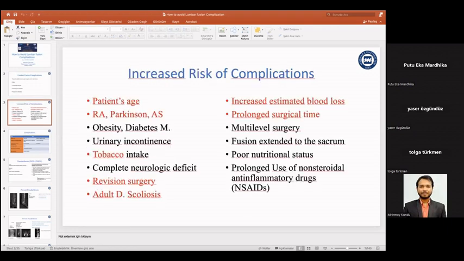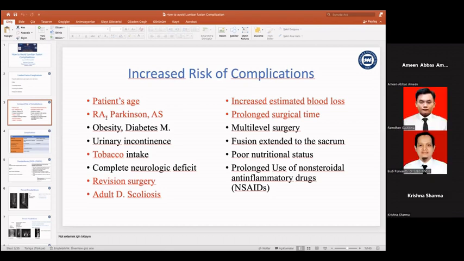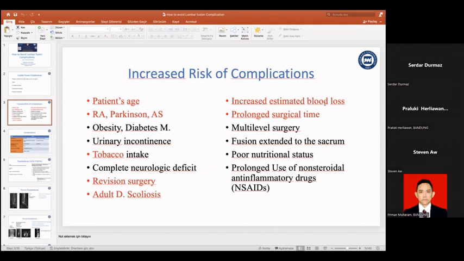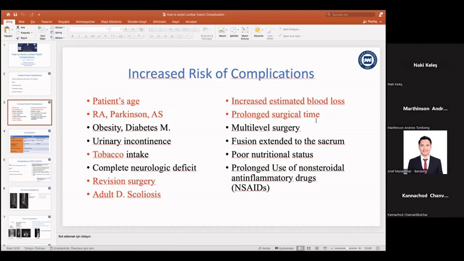And the most important thing is, I think, that some patients have high risk, for example rheumatoid arthritis, Parkinson's disease, ankylosing spondylitis, tobacco use, revision surgery and adult degenerative scoliosis. During operation, increased blood loss and prolonged surgical time carry a high risk of complications.